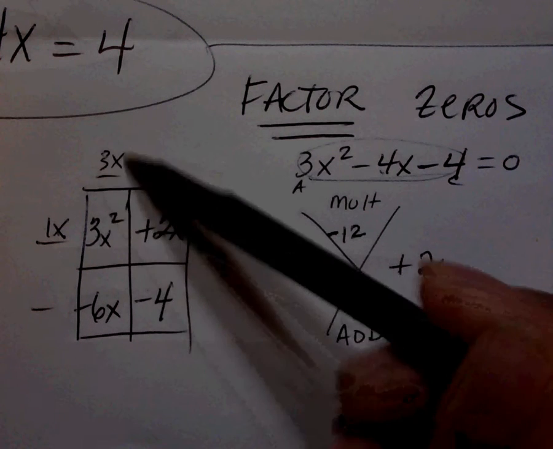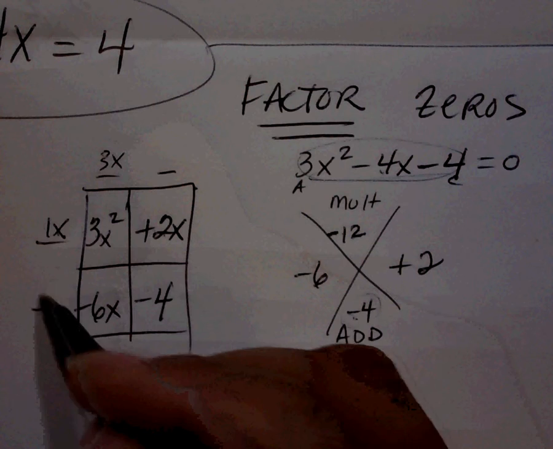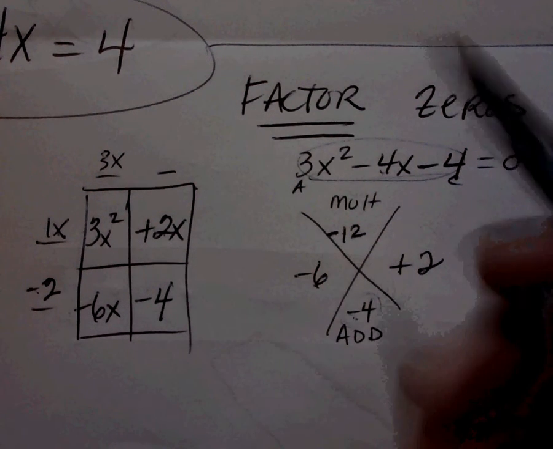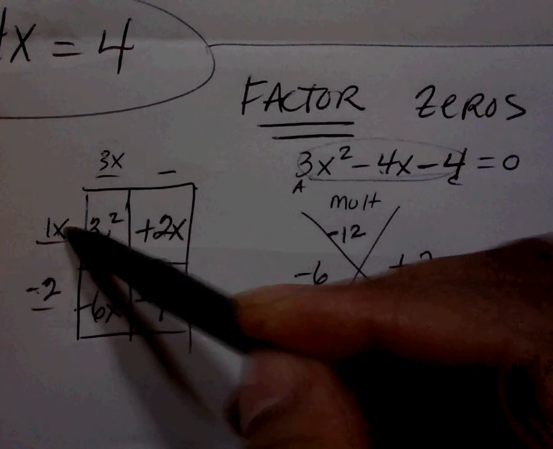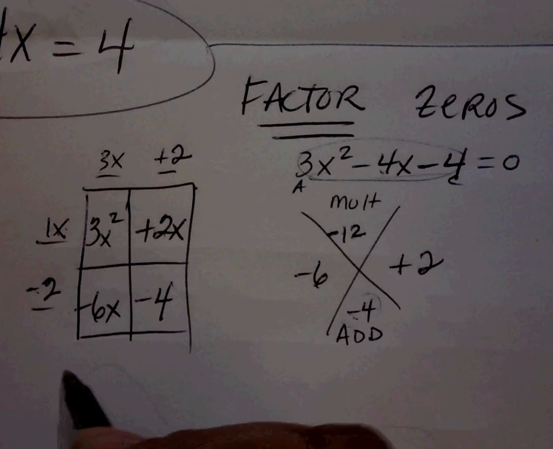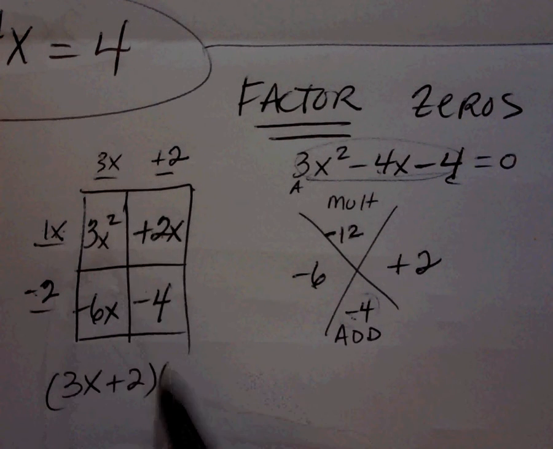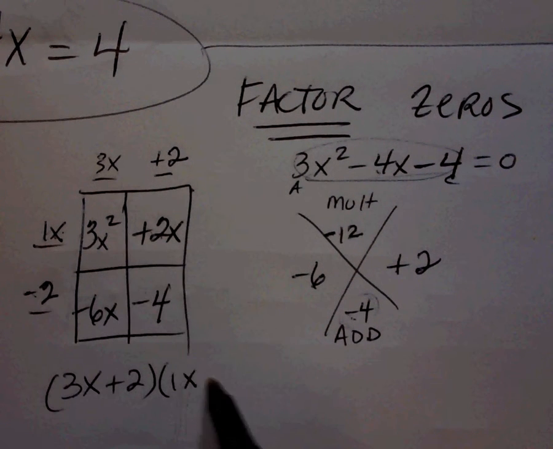And then how do I get negative 6x with 3x already here? I'm missing a negative 2. And then I already have 1x and I need 2x, so I need to multiply by positive 2. So now my factors are 3x plus 2 and then 1x minus 2.